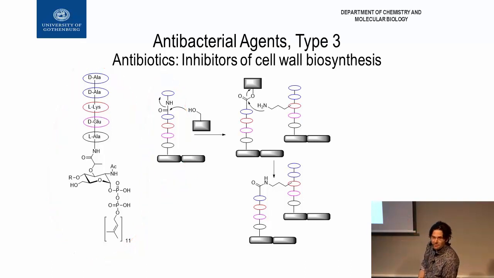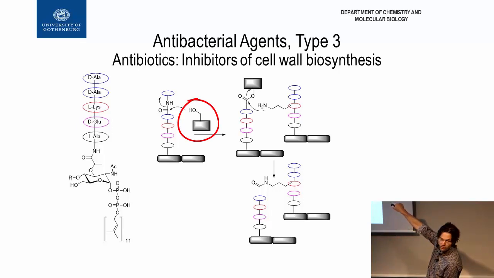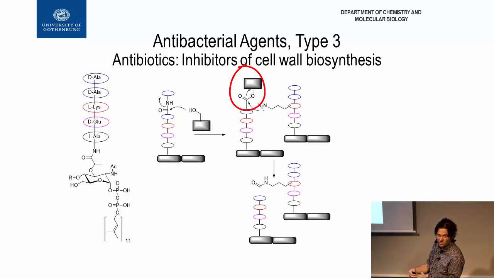Imagine that when the bacteria is going to make its peptidoglycan layer, an enzyme comes in, it has a hydroxyl function on, and since this is an enzyme catalyzed reaction, it attacks here and kicks out the top amino acid. That means that the enzyme now is bonded covalently. Covalently means that it's not a weak interaction, it's actually stuck there.